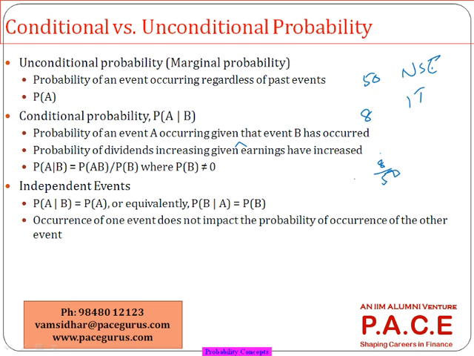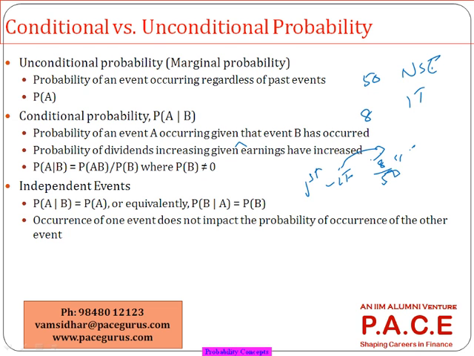Now assume that the first stock which I have picked up is an IT stock. What is the probability that the second stock which I am picking up is an IT stock? Again, here the information that is required for me is, can I take the same stock again?